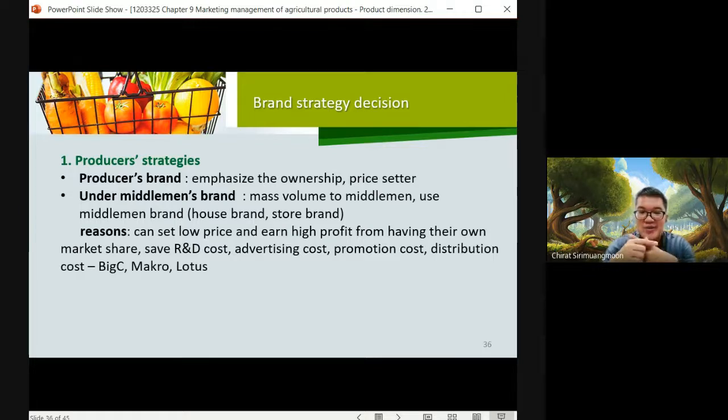You can set a low price to have high profit from the current market share. I would say this situation happens in some cases, when the middleman's brand is very famous and has a very huge market share, so you need to expand the market share.